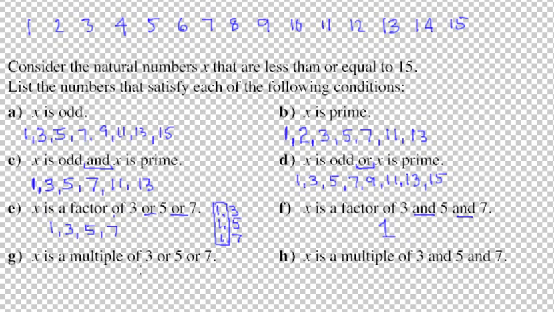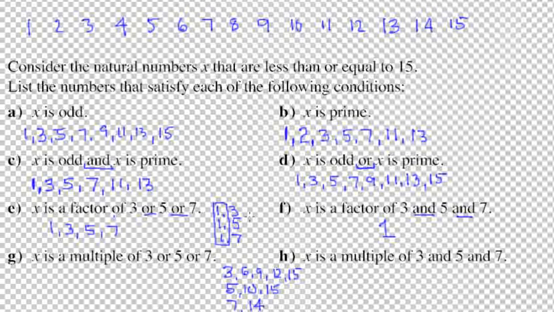Now, if X is a multiple of 3 or 5 or 7, the multiples of 3 are 3, 6, 9, 12, 15, etc. The multiples of 5 are 5, 10, 15, etc. The multiples of 7 are 7, 14, etc. I'm just sticking with numbers that are 15 or less.